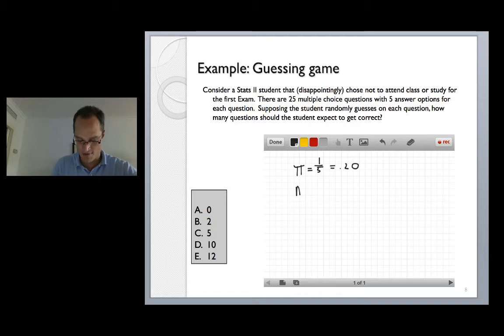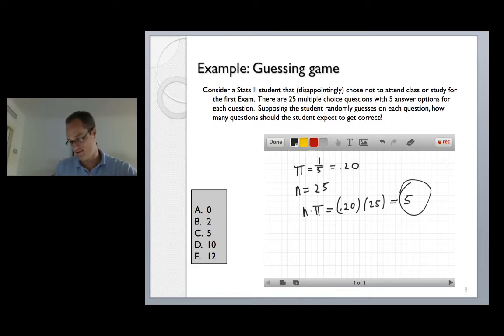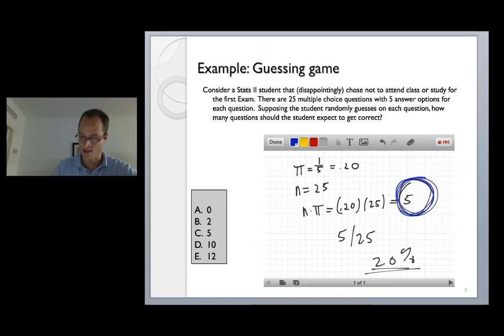Of course, there are 25 questions, and so n times pi, which is the expected value, is 0.2 times 25, and so that student should expect to get 5 correct. So 5 out of 25. Of course, that's 20% in terms of grade, but the answer we're looking for, re-highlighted in blue, is 5.